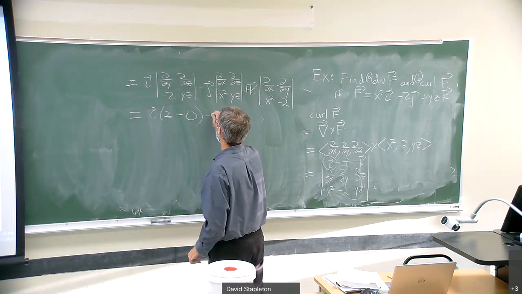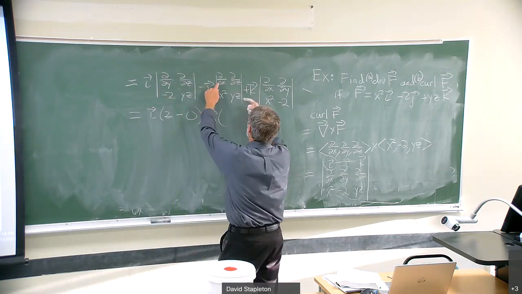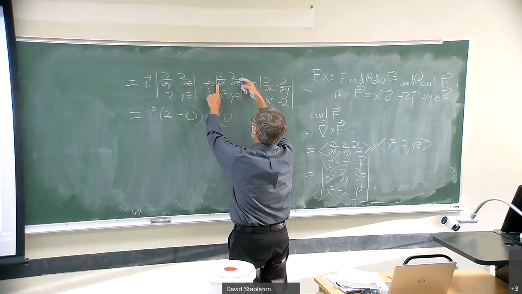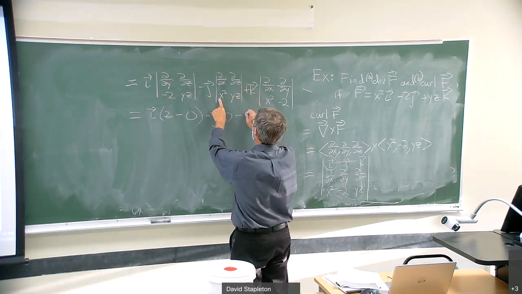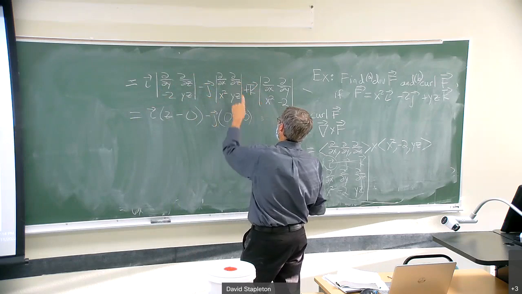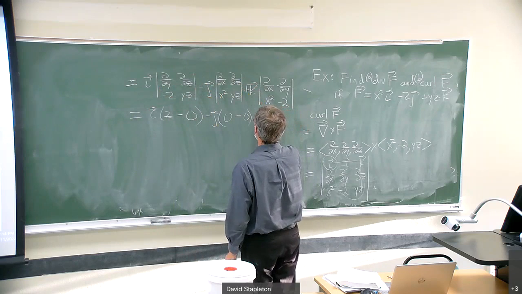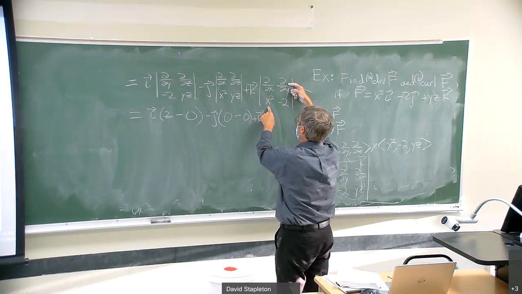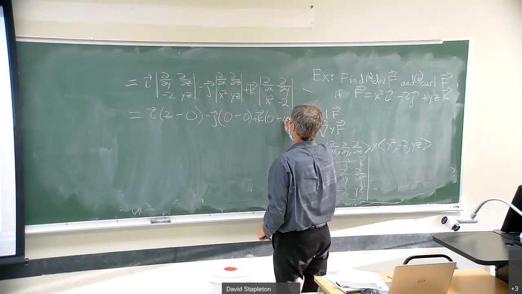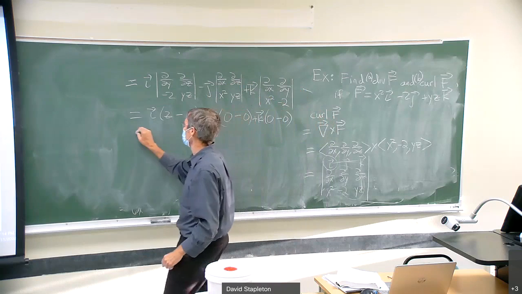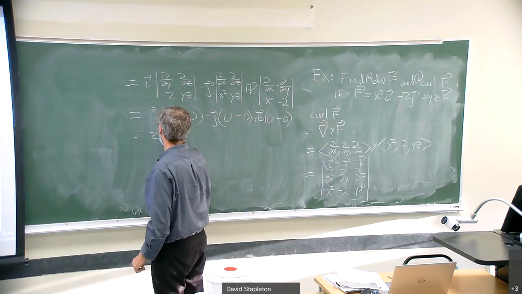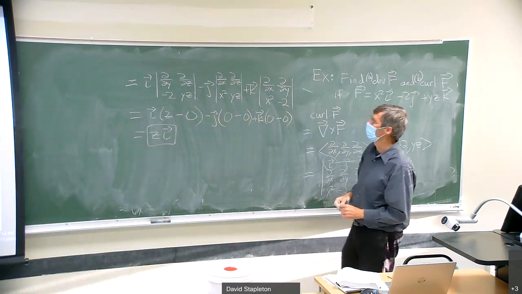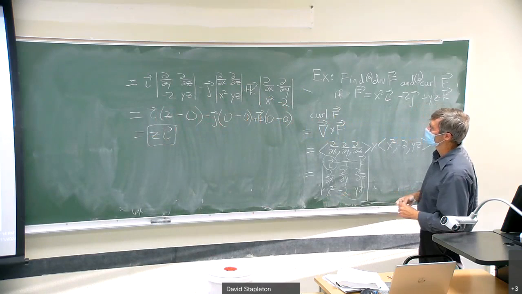And then minus j times ddx of yz is 0 because y and z are treated as constants. Minus ddz of x squared is also 0 because x is a constant with respect to that partial derivative. Plus k times ddx of minus 2 is 0. ddy of x squared, well, x squared is treated as a constant, so it's 0. So this is actually just the vector z i. It's a vertically pointing vector, proportional to how far you are from the xy plane. There's the curl of the vector.